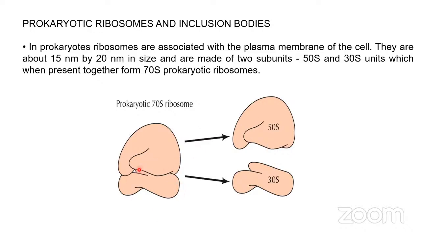They are made up of two subunits, a larger subunit and a smaller subunit, which are 50S and 30S. The 50S is the larger subunit and 30S is the smaller subunit. Both together form the prokaryotic 70S ribosome. Here S stands for the Svedberg unit, or the sedimentation unit.